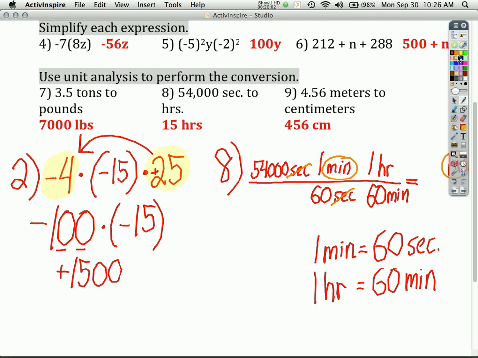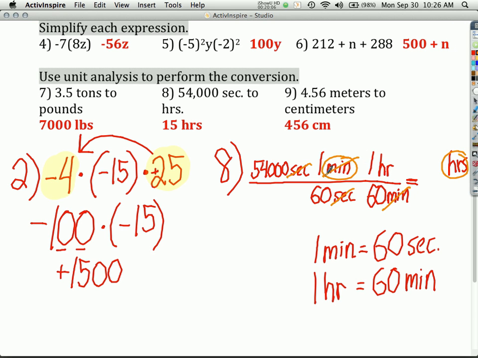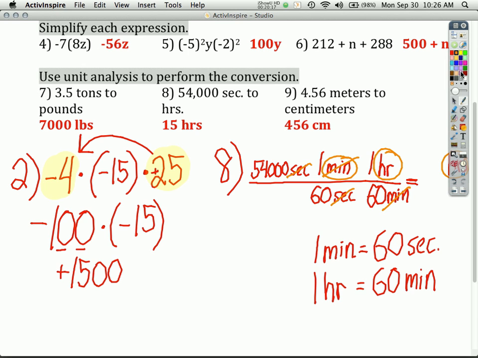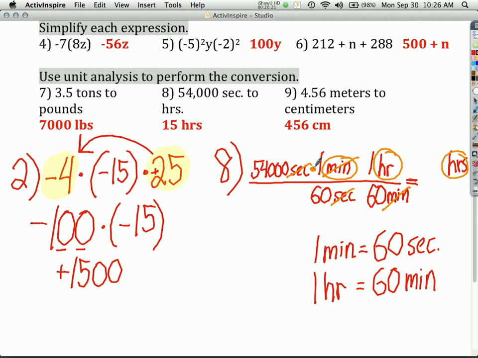The minutes are going to now cancel each other out. That's what we wanted. Like China said, we want them to go away. But now look what I'm left with. Hours. That's what I wanted. So now you're left with a multiplication and a division problem. We multiply everything on top, multiply, multiply, multiply everything on the bottom, multiply, multiply, and then divide at the end.